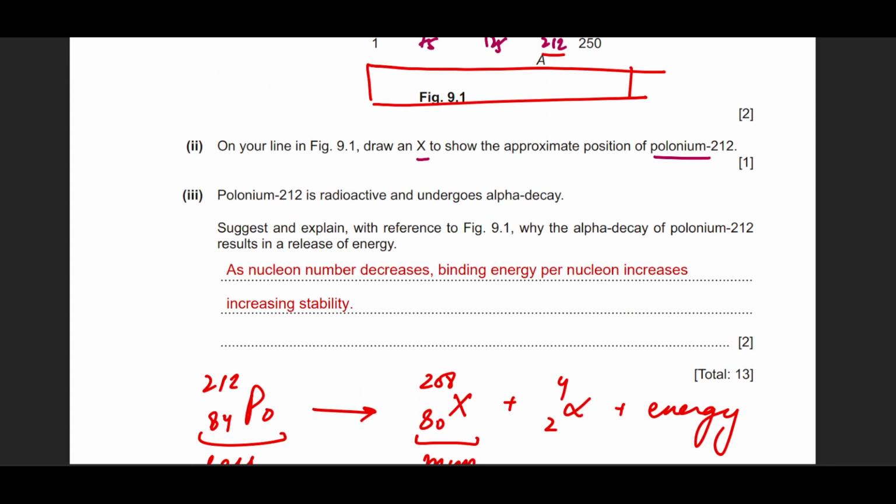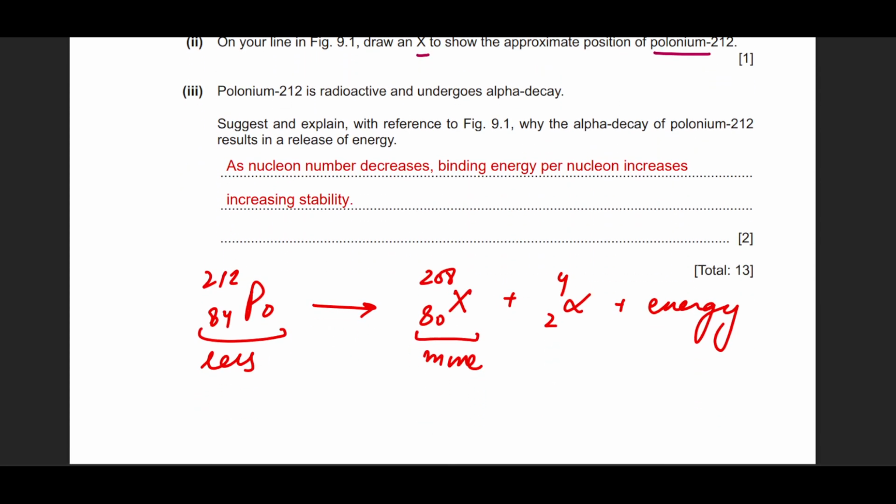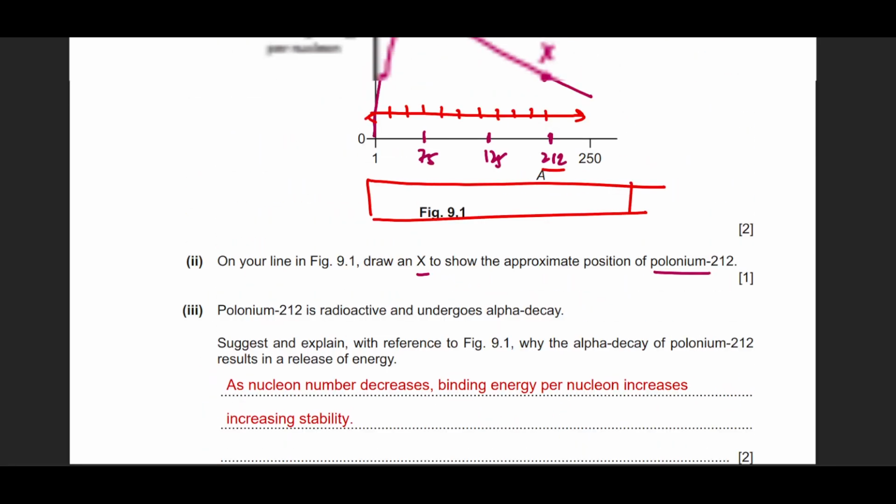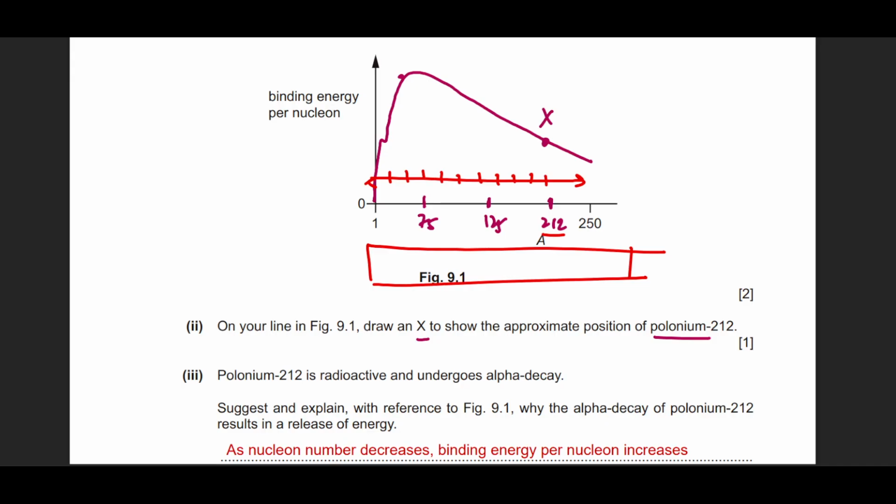So he says, suggest and explain with reference to figure 9.1 why alpha decay of polonium-212 results in the release of energy. You see, the particles who exist on the right side of iron want to undergo fission reaction. They want to break apart because it's difficult to hold them together. And the particles on the left side of iron prefer to undergo fusion.